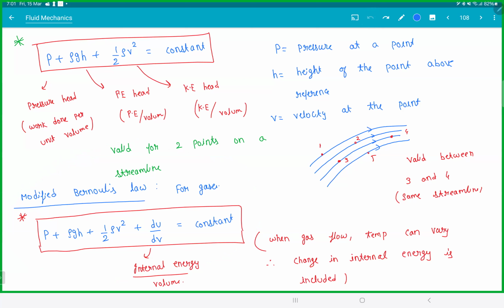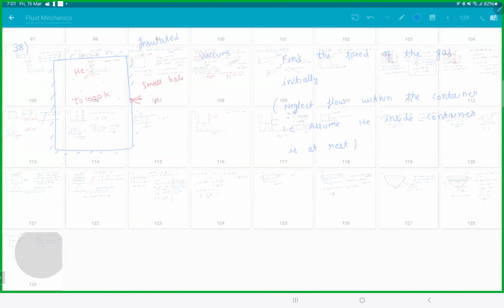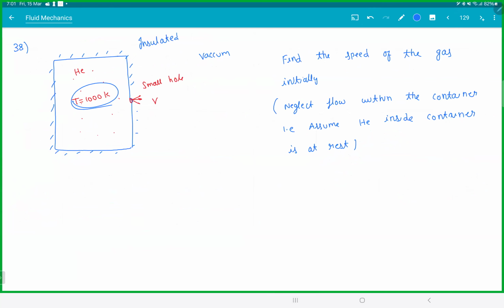We have to apply the modified Bernoulli's equation. Till now, in any equation, did I give you temperature? That should have been the biggest clue.